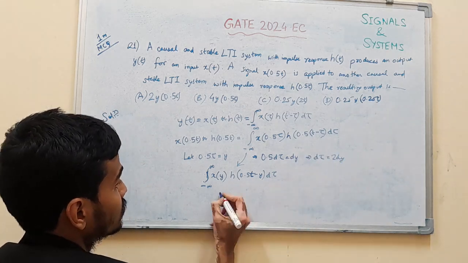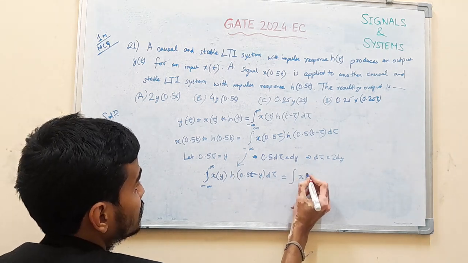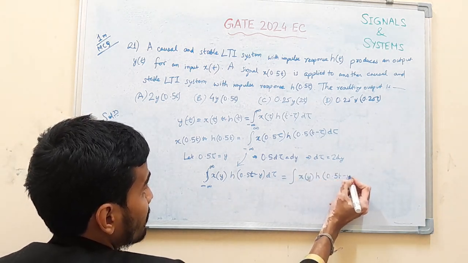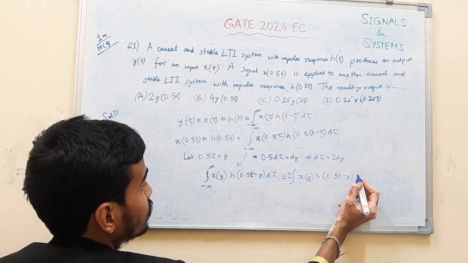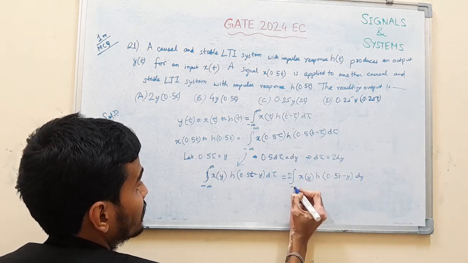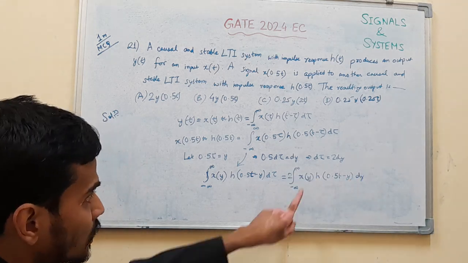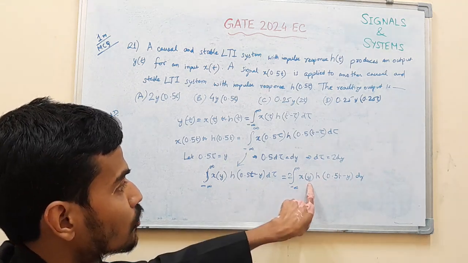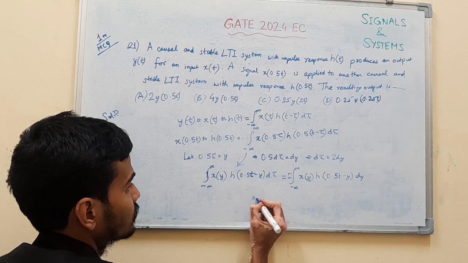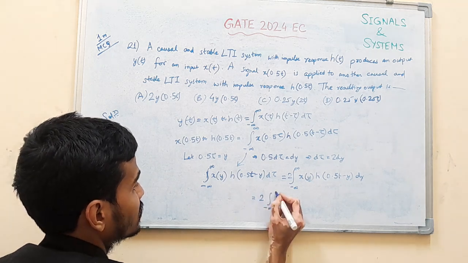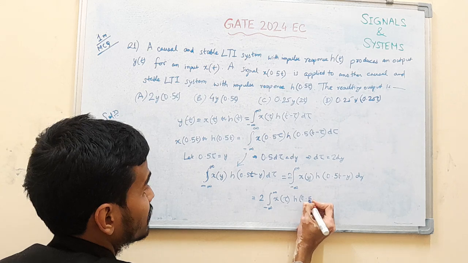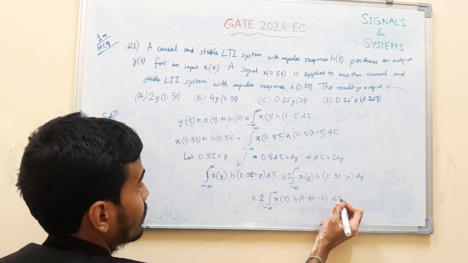So now we replace d tau with 2 dy. The 2 comes before, so it will be dy from minus infinity to infinity. Now y is a dummy variable because it is inside the integration, so we can replace y with tau easily. So we can write this as the integral from minus infinity to infinity of x of tau h of 0.5t minus tau d tau.